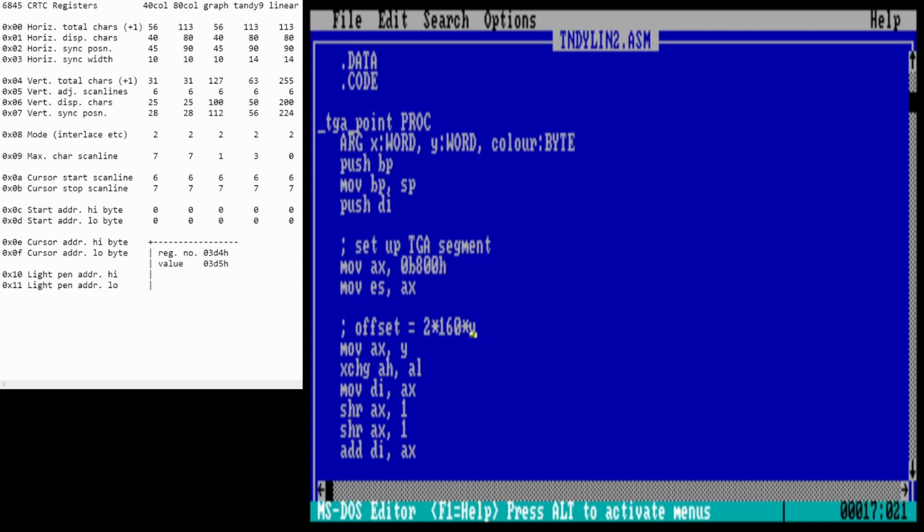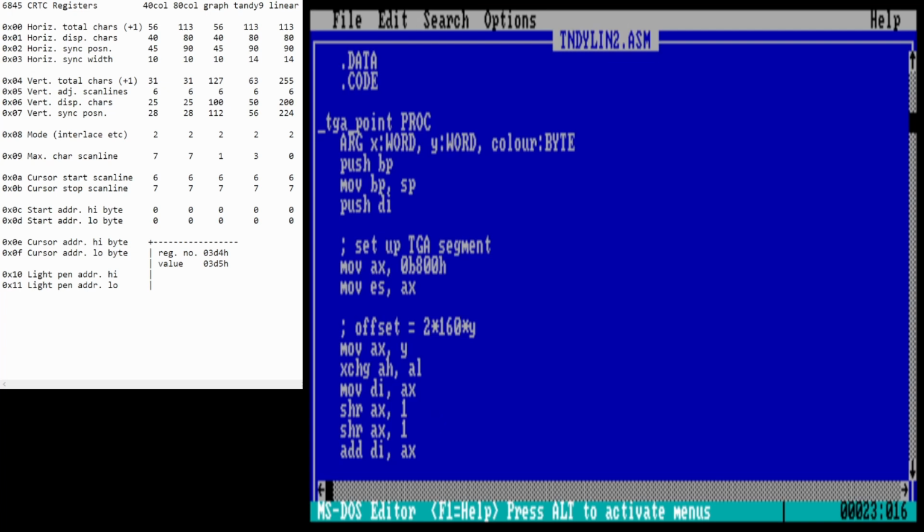So now the offset is just y times 160, because there's 160 bytes per scan line, plus x on 2, since there are 2 pixels per byte in this mode. And we're going to compute 2 times the offset, and right at the very end we'll divide through by 2.